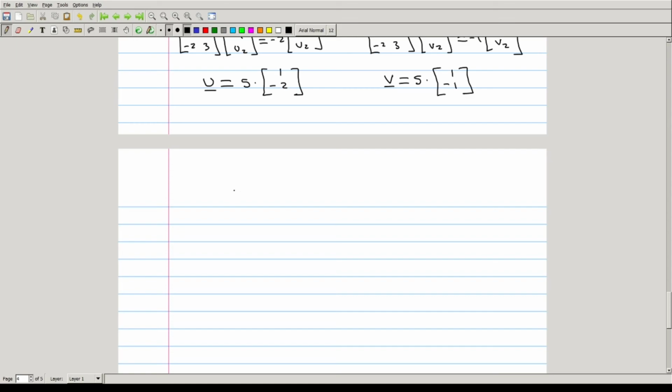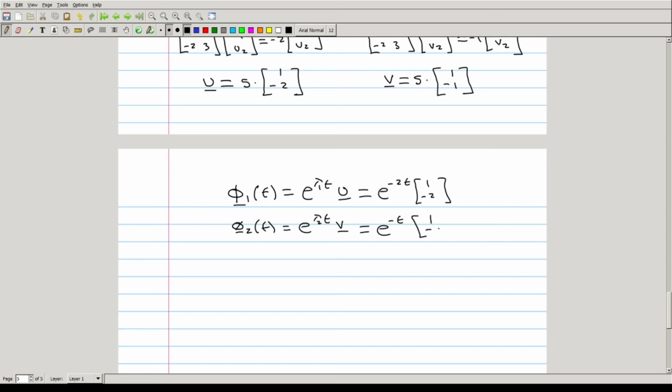And so this means that our fundamental solution set is phi 1 of t equal to e to the lambda 1 times t times the vector u, which is equal to e to the negative 2t times the vector 1, negative 2, and phi 2 of t will be e to the lambda 2 times t times v, which is e to the negative t times the vector 1, negative 1.